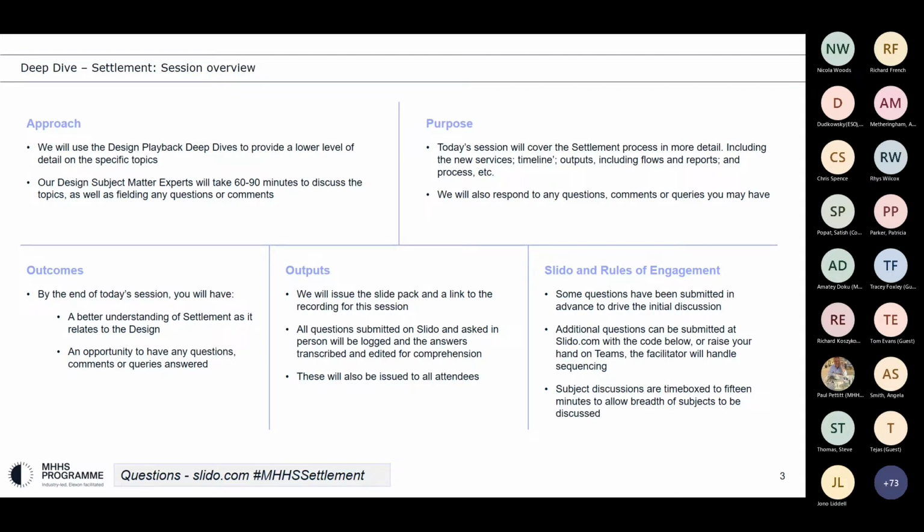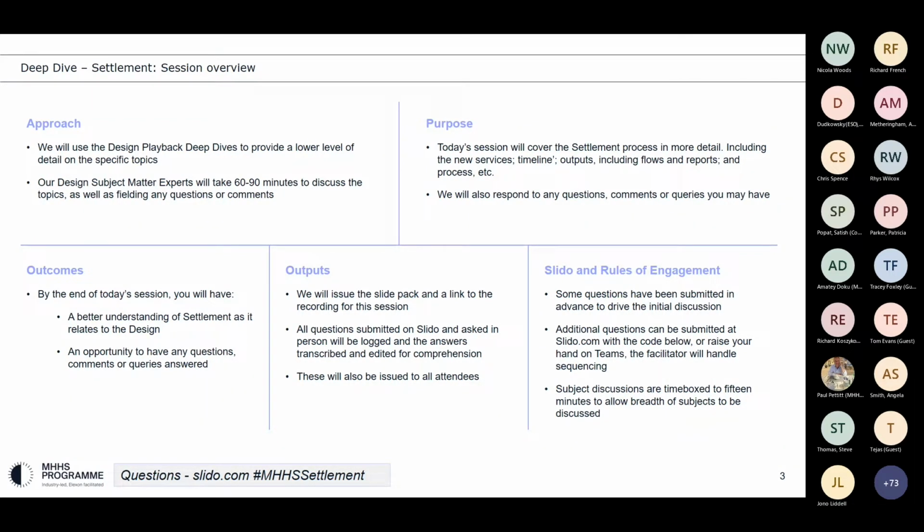I'll talk about the scope of the session on settlement in a minute, but we'll talk about the new services and the timelines and some of the interfaces and reports. The outcome we're looking for is to give you a better understanding of settlement as it relates to the design, and it also gives you the opportunity to ask questions.